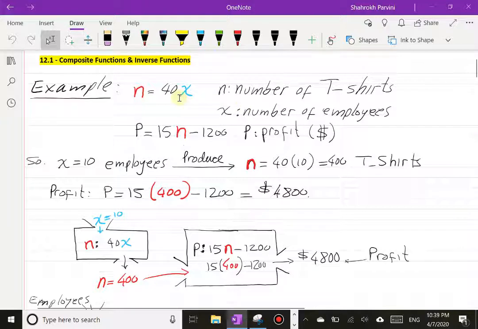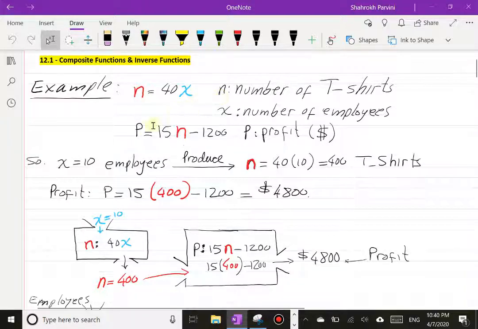So 40x gives you the number of t-shirts, assuming each employee is capable of making 40 t-shirts. This could be in a week, in a month, whatever this might be. So 40x will give you the total number of t-shirts.